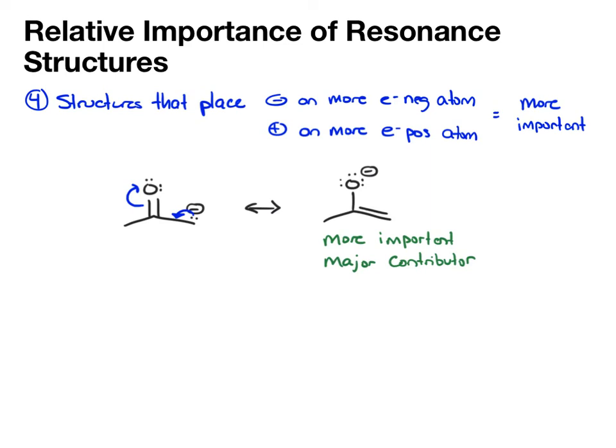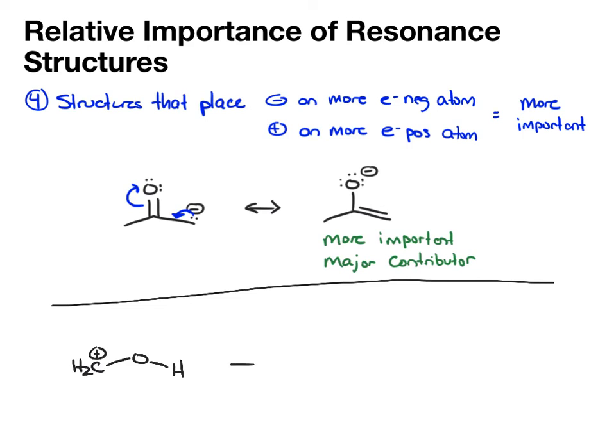So now if your mind's going back to our previous rule, rule number 3, something might not be making much sense because we had this. And we said that the one on the right is more important.